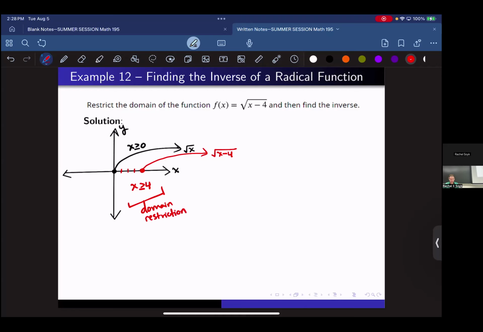And then now we can just solve our inverse like we're used to. Put it in terms of y equals, and then swap your x's and y's. And then you want to isolate your y.